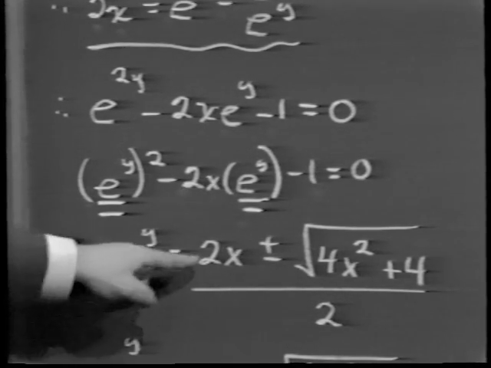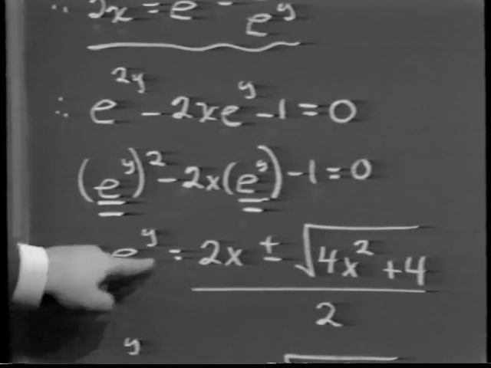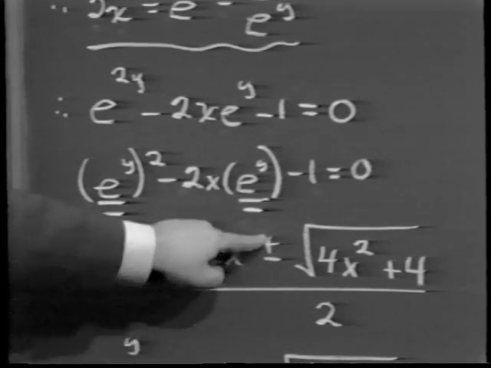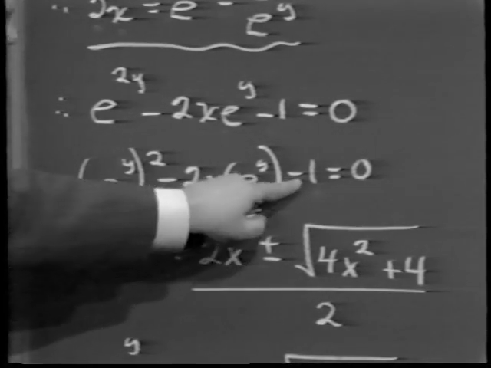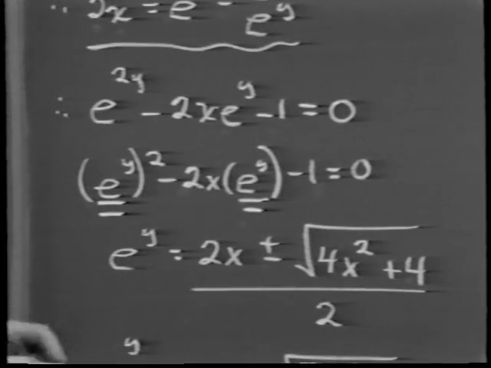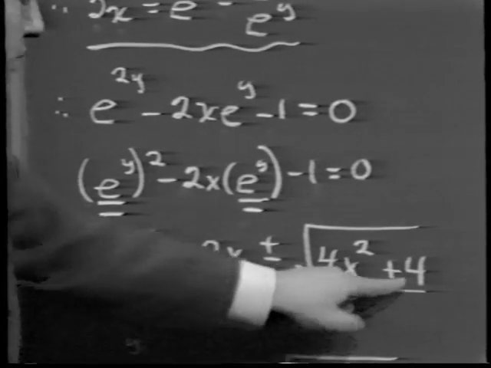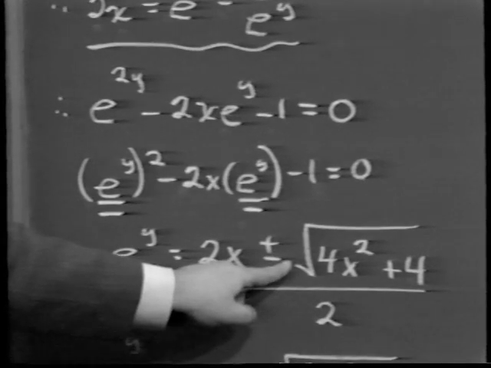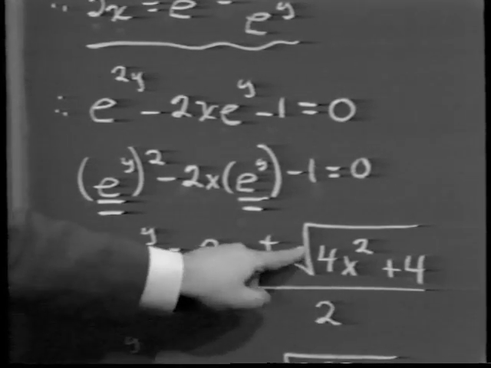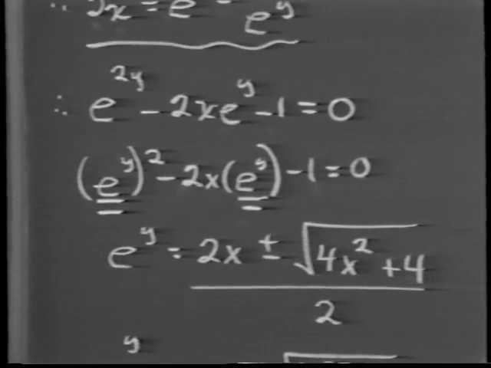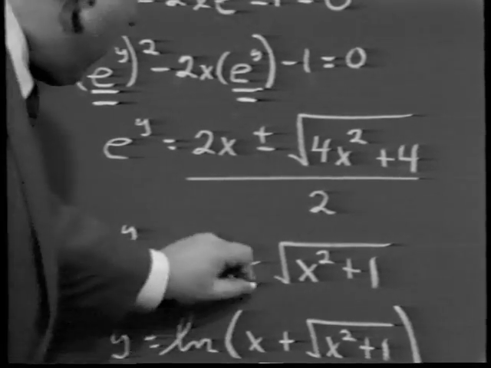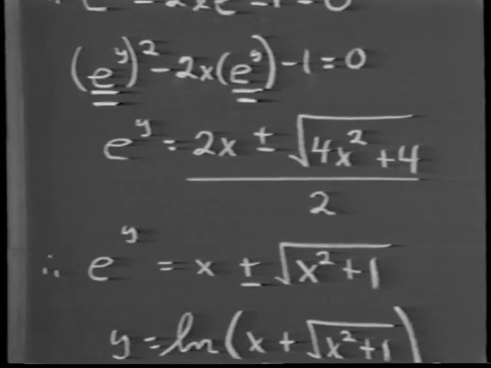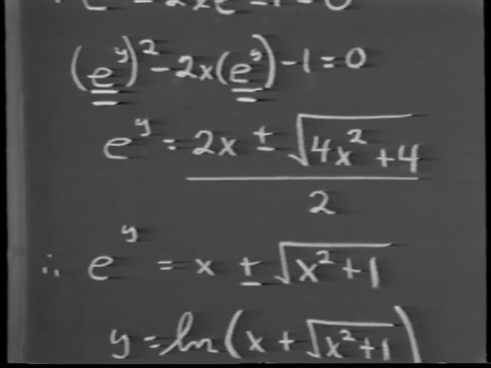In other words, leaving the details as being fairly obvious, e to the y is 2x plus or minus the square root of 4x squared plus 4, all over 2. And noticing now that the 4 can be factored out as a 2, and that I can cancel a 2 from both the numerator and the denominator, I wind up with e to the y is x plus or minus the square root of x squared plus 1.